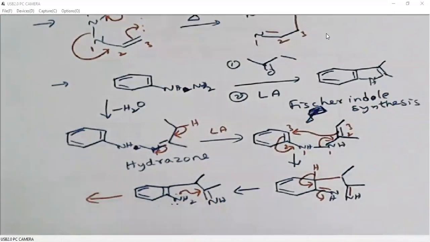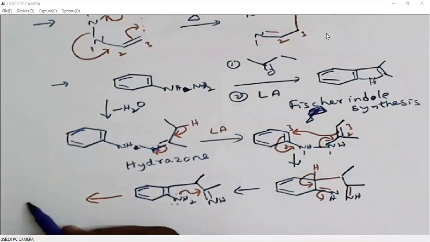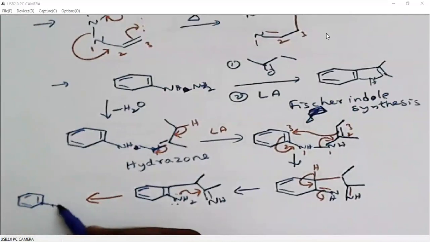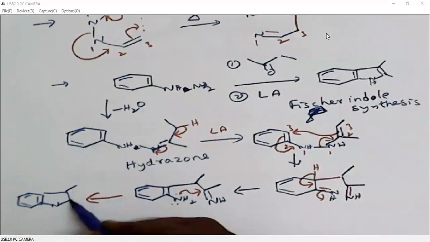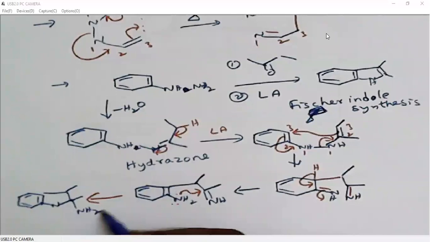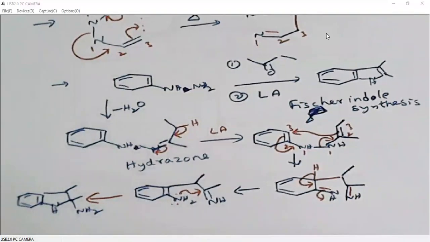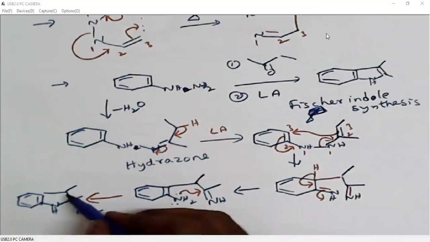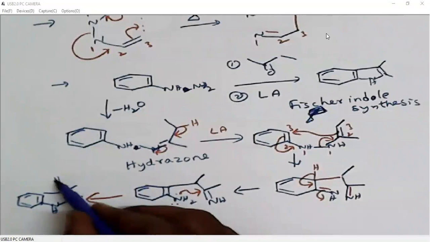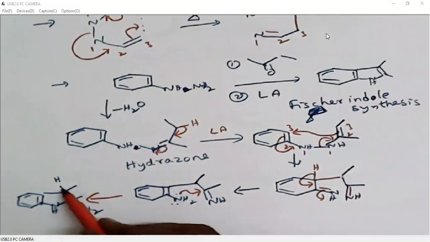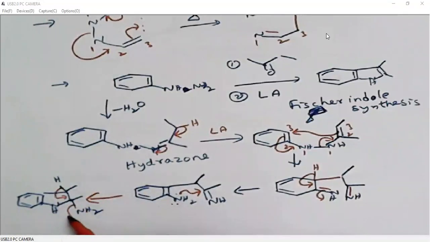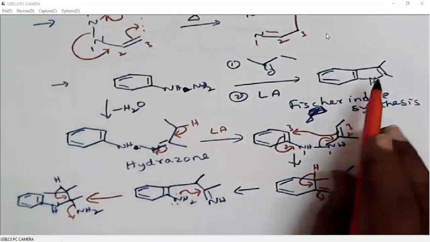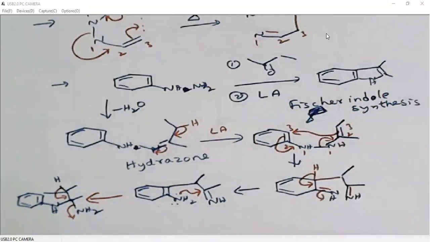So it generates a 5-membered system like this. Then again, this amine will be leaving under acidic conditions so that it generates this final product. Okay, please take a snapshot.